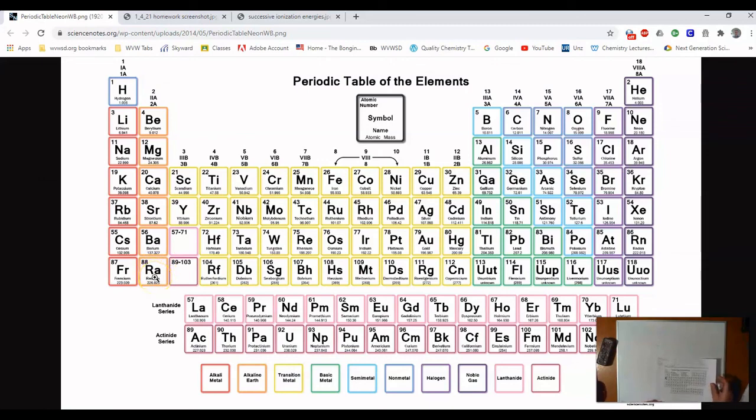So the long and short of it is the answer here has to be Ra, radium. The element in the main group S or P block elements that has the lowest second ionization energy would have to be radium. I hope that makes sense.